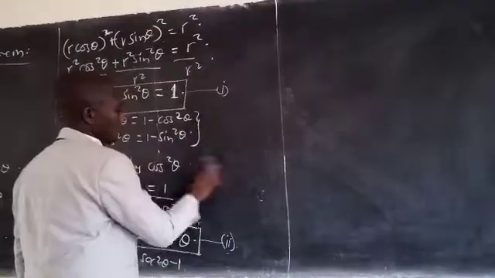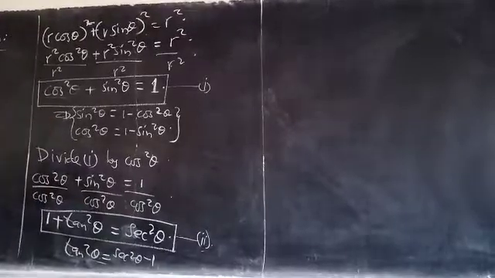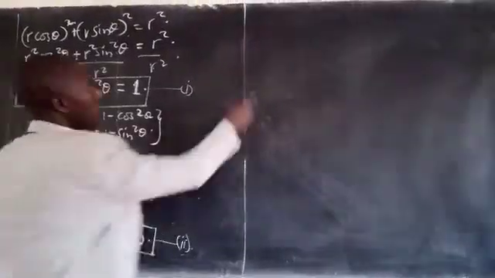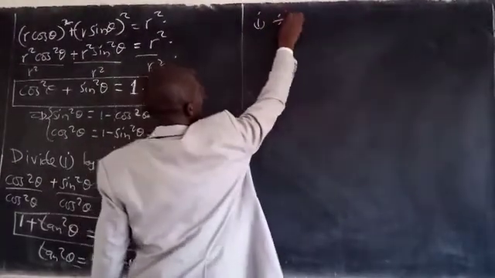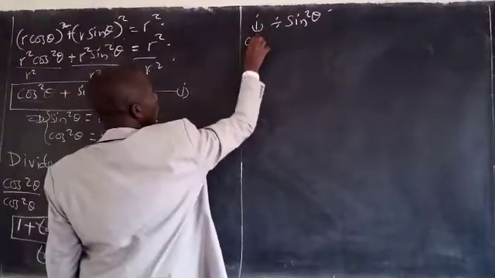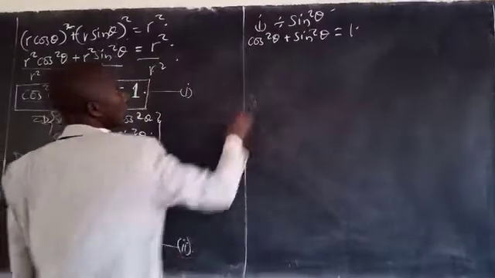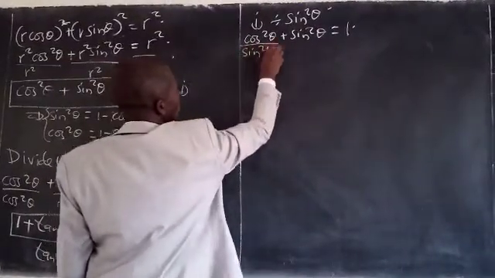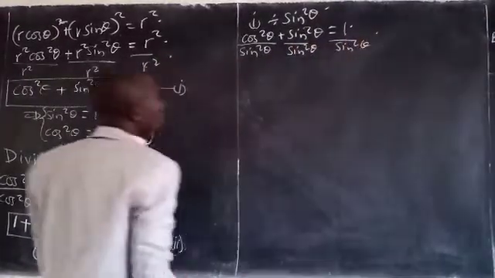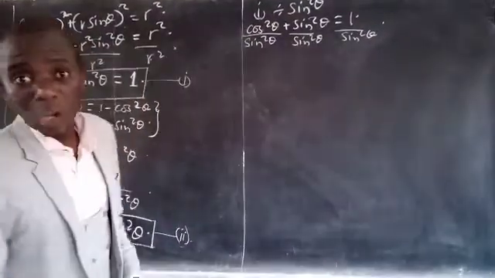Let's go. We can have another one. We cannot finish these ones, but let's do one more. In our equation 1, here we divided by cos squared theta. Let's divide by sin squared theta. So equation 1 divided by sin squared theta. What does it give us? We shall have cos squared theta plus sin squared theta equals 1. If I divide by sine squared theta, what do I get? Cos squared over sine squared. The cos over sine gives us a cot.